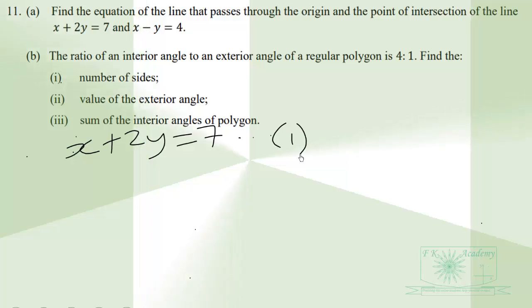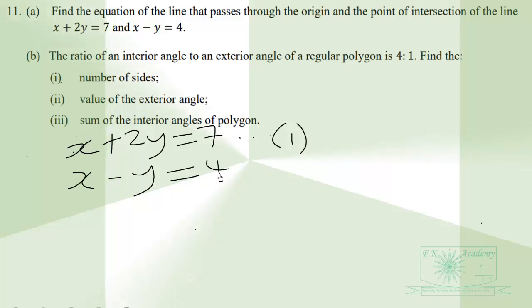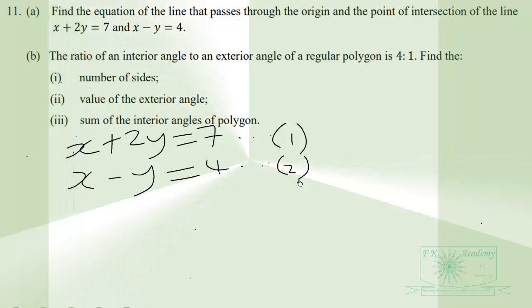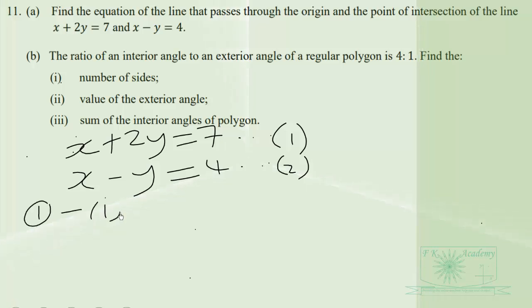Then we also have x minus y equals 4, which is equation 2. The equations are already in the standard form. So let's subtract equation 2 from equation 1.